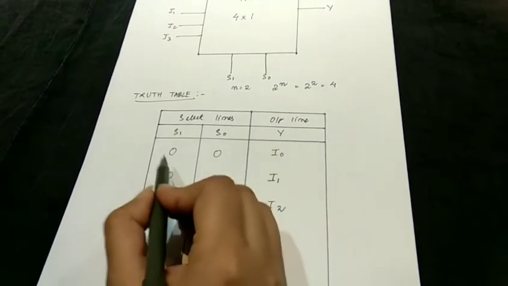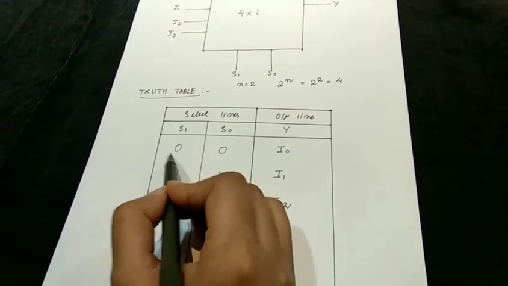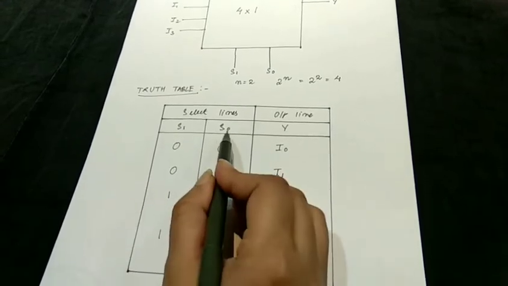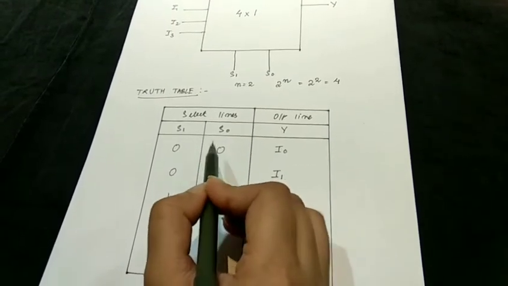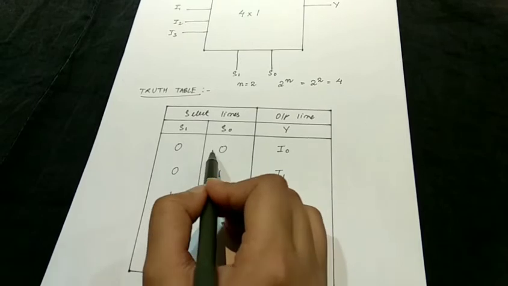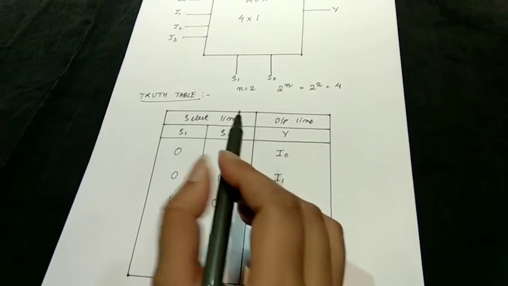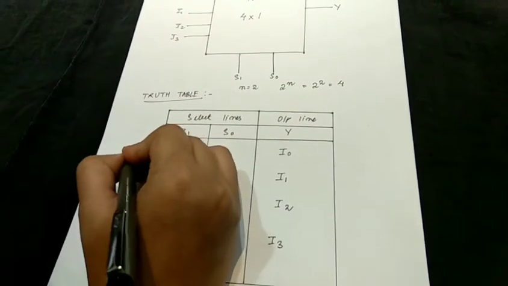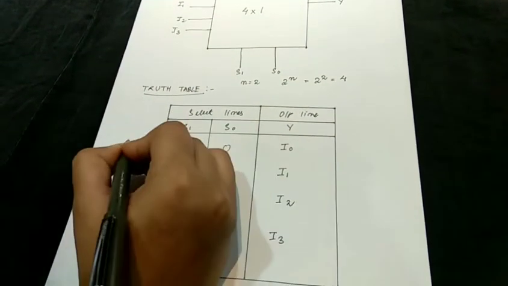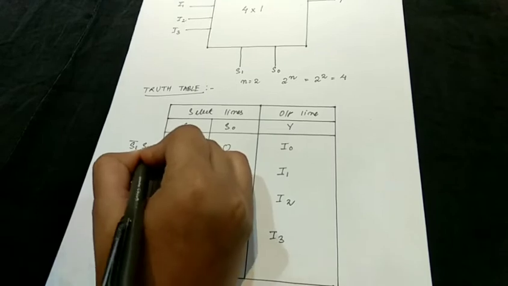Now, as you can see in this table, for the first combination of S1 and S0, both the values are 0. And we know that in SOP form, as I have just mentioned, logical 0 is taken as complement. So the first condition will be S1 complement and S0 complement.